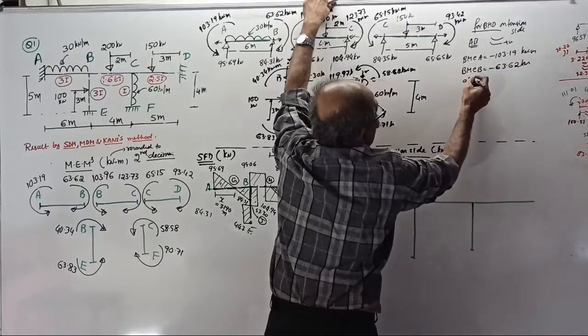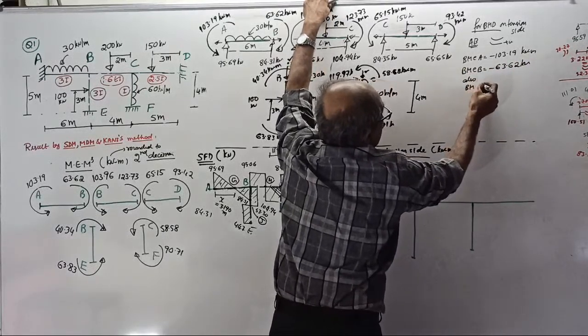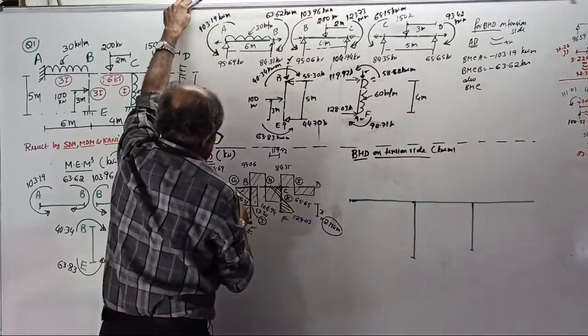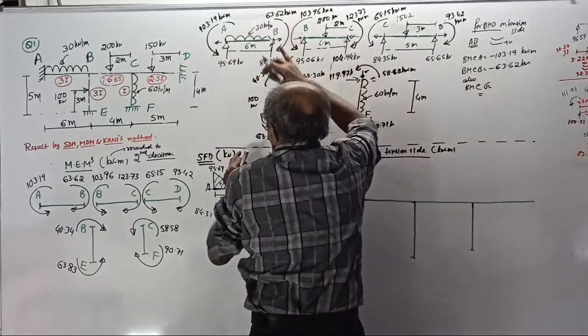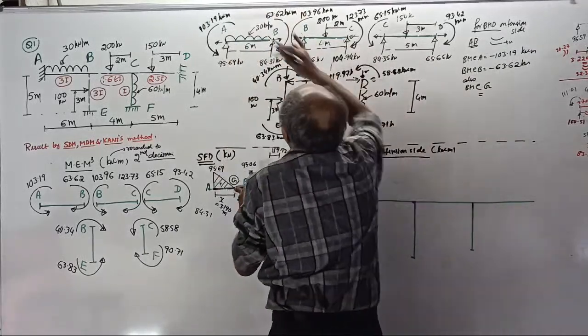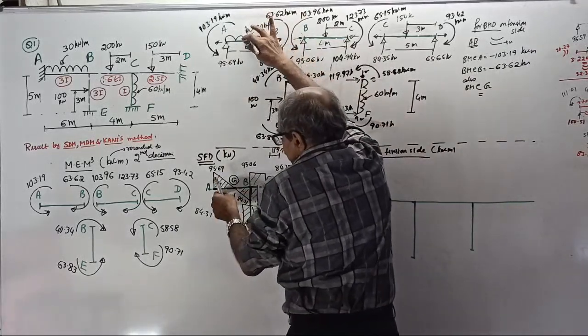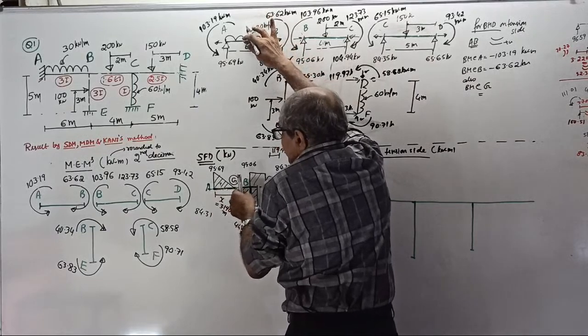Then also bending moment at a new point, that is called G. At G, equal to somewhere here, see, at what distance? 3.19 meter here.